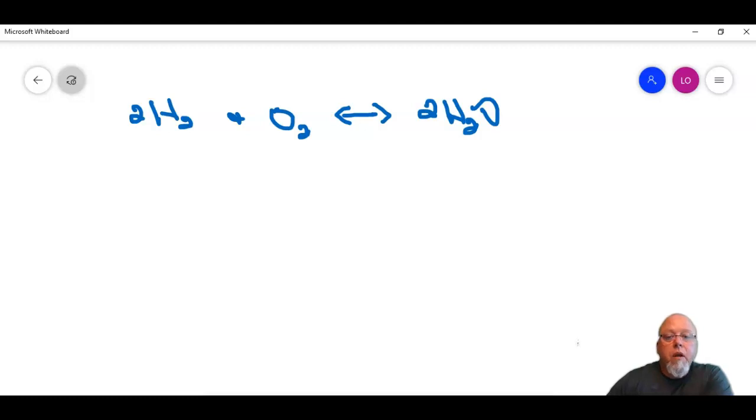So if we look at this chemical reaction here, we have 2H2 plus O2 gives us 2H2O. If we were to stress this with more concentration of H2, so we put more H2 in, there's more of a chance that that H2 will react or hit or bump into this O2 in the correct orientation to have a reaction go forward.